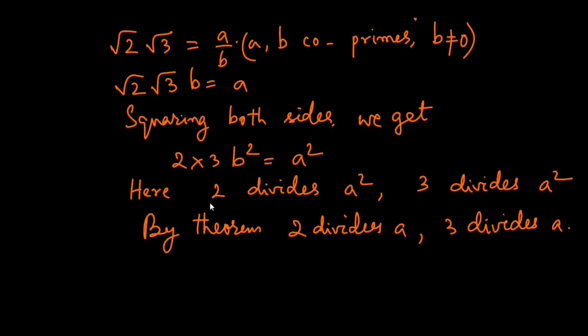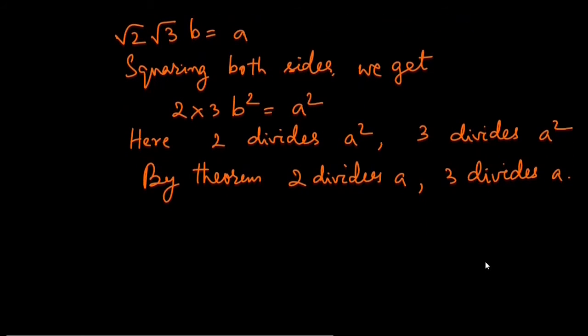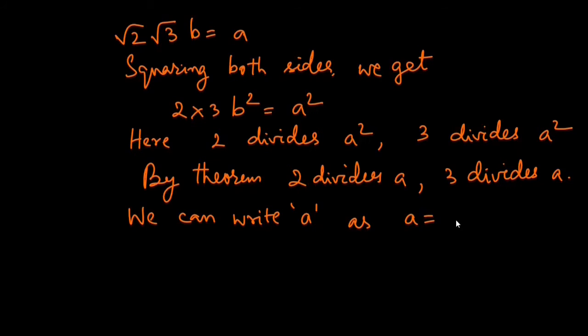Applying the theorem 2 times for 2 and 3, we get 2 divides a and 3 divides a. So we can write a is equal to 2 into 3 into some integer c, for some integer c.